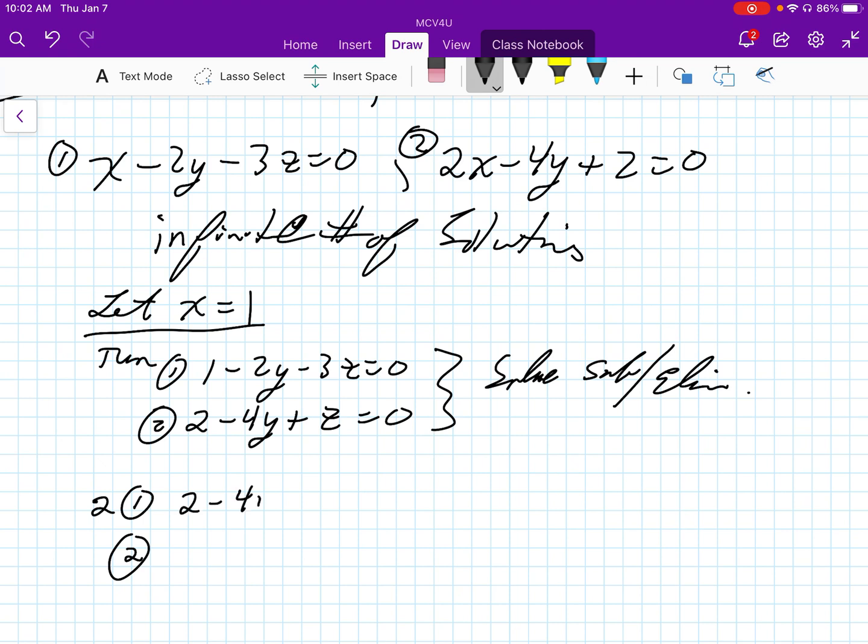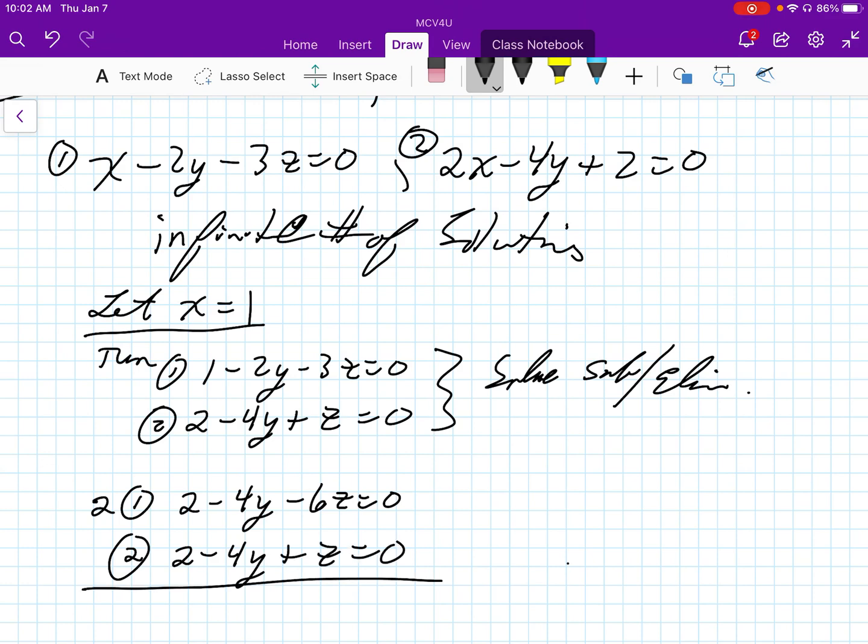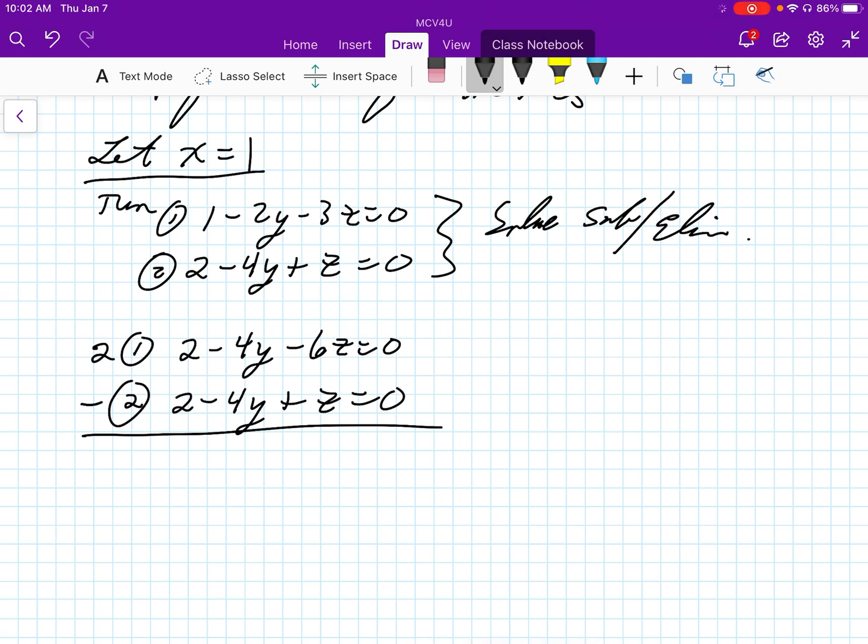So 2 minus 4y minus 6z equals 0, and 2 minus 4y plus z equals 0. In order to get rid of the y's, I've got to subtract. So 2 minus 2 is 0, the y's are 0, and z ends up with minus 7z equals 0.